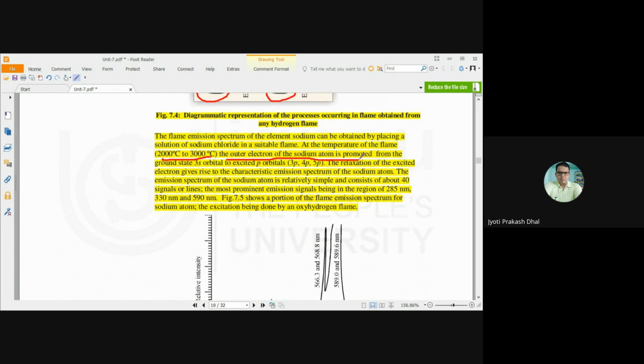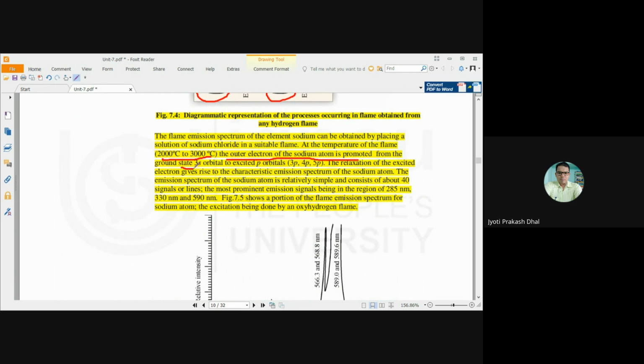Then the individual sodium atom will absorb energy from the flame, and the electrons present in the sodium atom will undergo excitation. The outer electron of the sodium atom is promoted from the ground state.